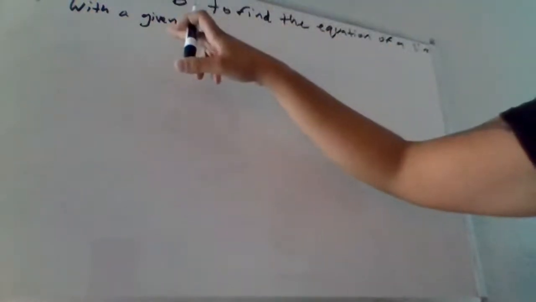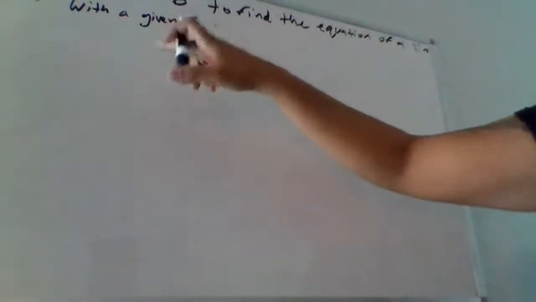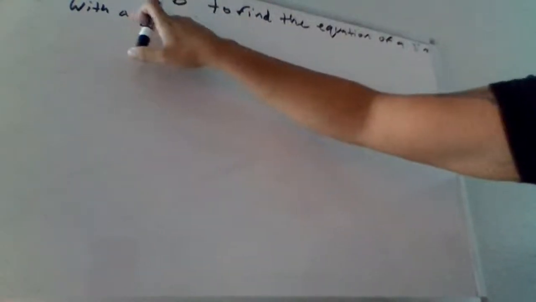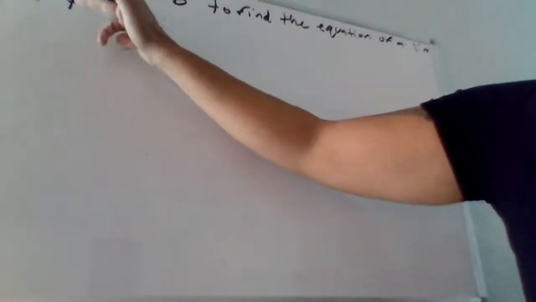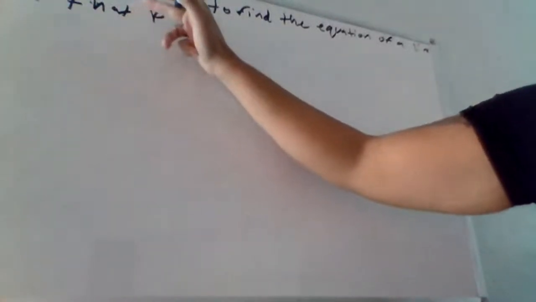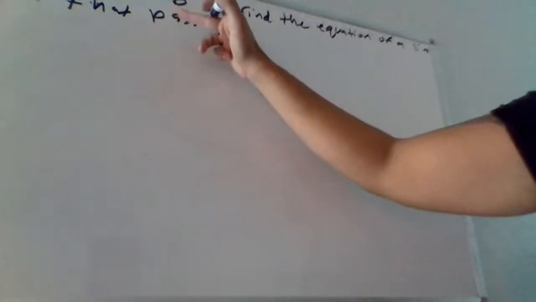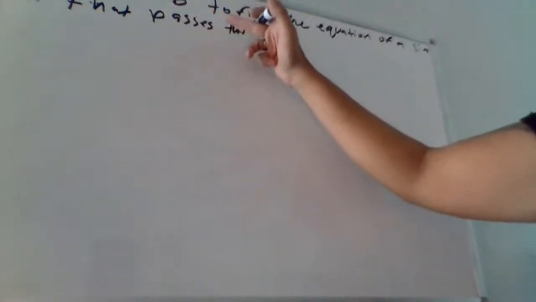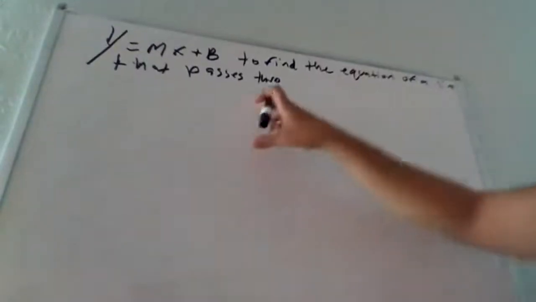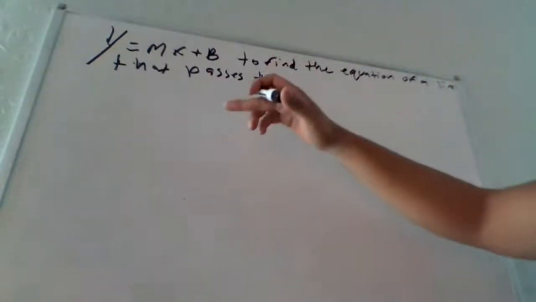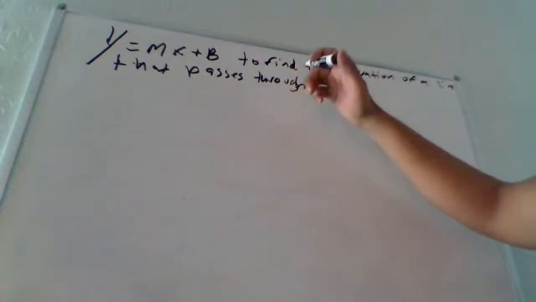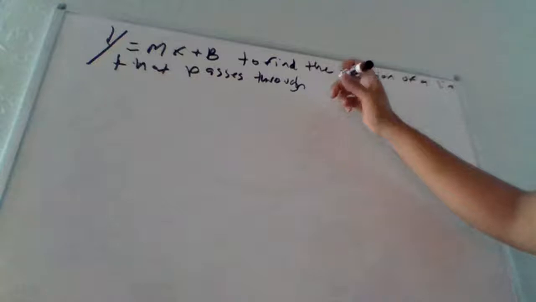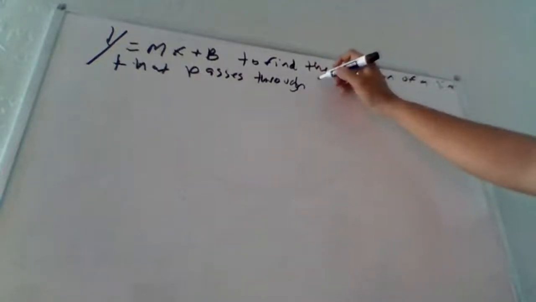Find the equation of the line that passes through the given point and has the given slope. Sorry, I'm basically writing down the same instructions that we had before. I'm just writing it up here so we don't forget it.